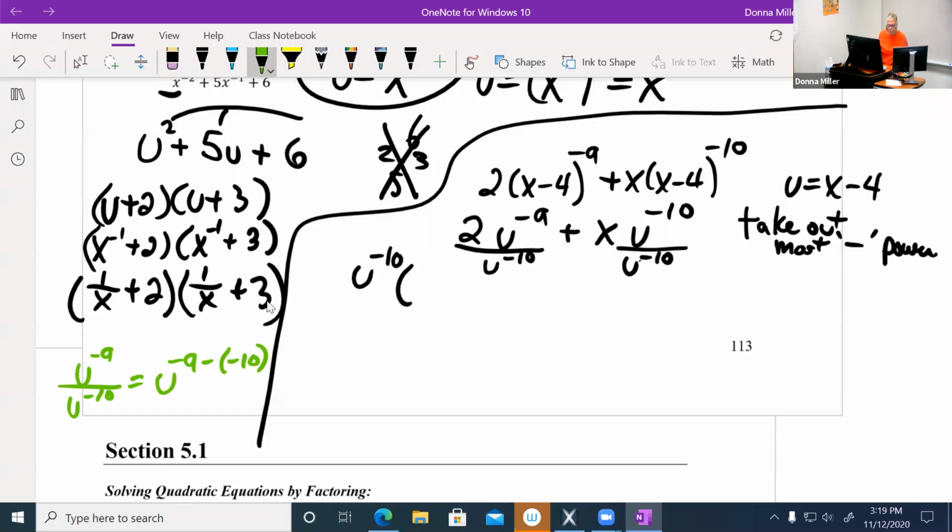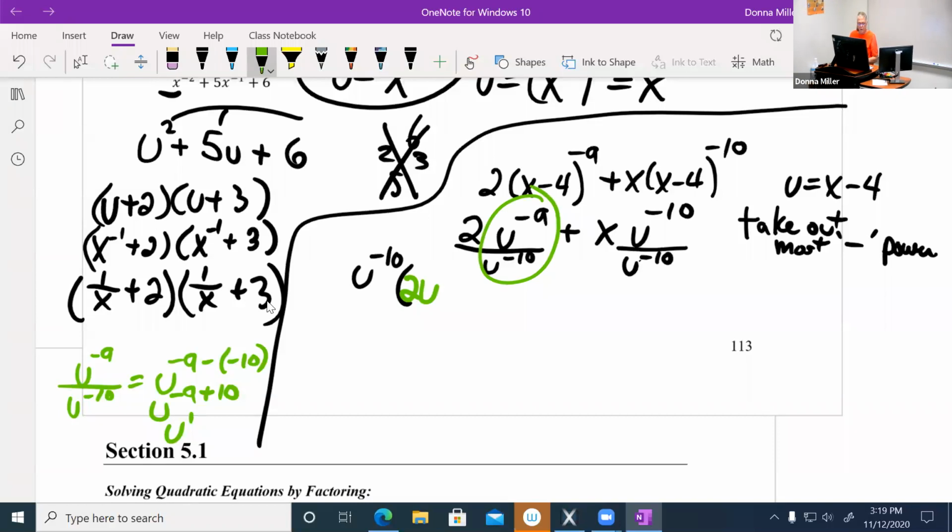Those two negatives together become a positive, so it's u to the negative 9 plus 10. Well, that's u to the first power, right? 10 minus 9 is 1. So this is just u, and I have a 2u here. Now, these guys just cancel because they're the same, so then I have plus x.